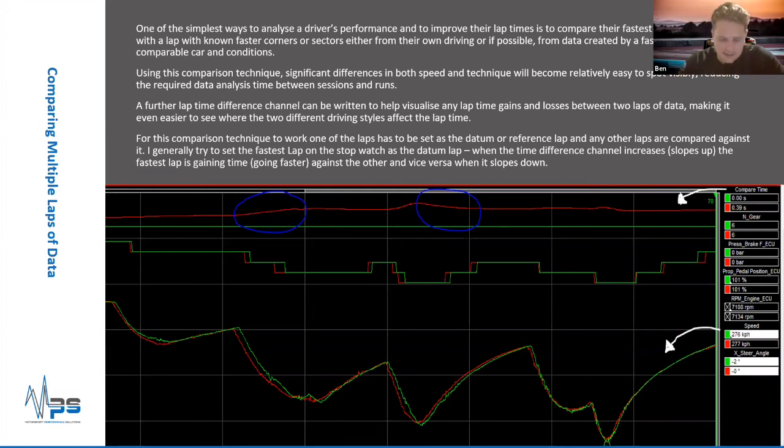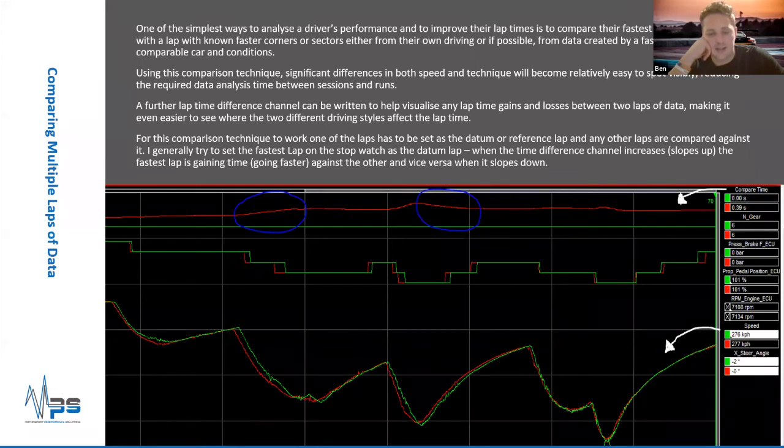It doesn't have to be from two different drivers. It could be, as I mentioned before, yourself to yourself. If you knew you'd done turn 3 better 2 laps before your best lap, you could overlay that lap compared to your best lap and specifically look at turn 3.